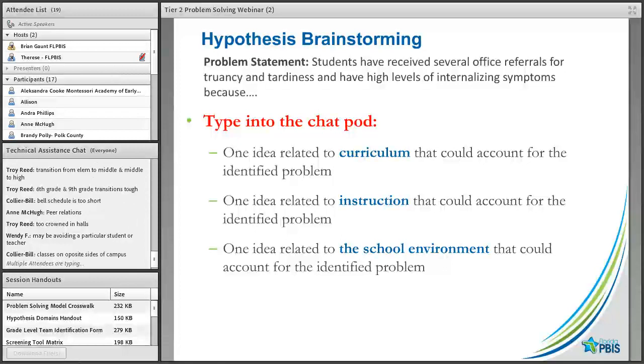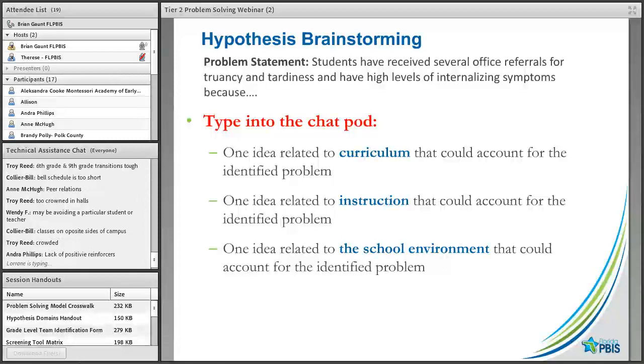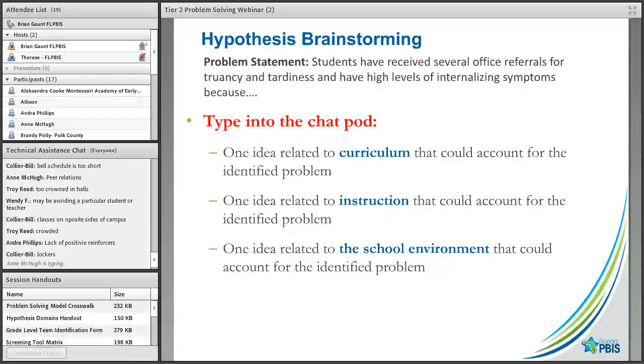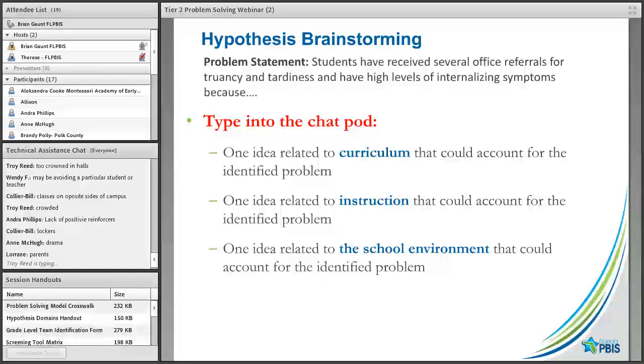Or maybe it's a middle school, lots of boyfriend girlfriend issues going on. Yeah, hormones, getting late to class, depressed because they're breaking up, lots of talking going on. There we go. Yeah, absolutely. Lockers is an issue. Kids are having a hard time. Maybe the locker is all the way across the school grounds, and by the time they get there to change their books, they don't have enough time to get to class, so they're late.